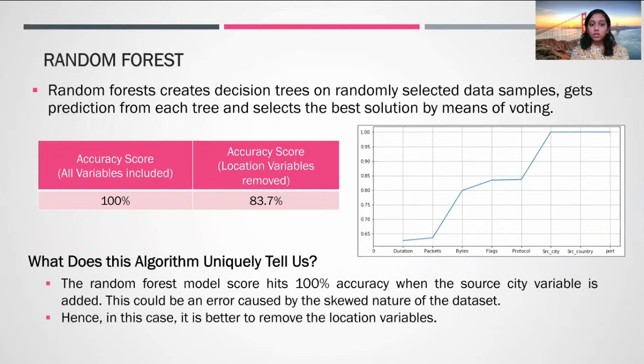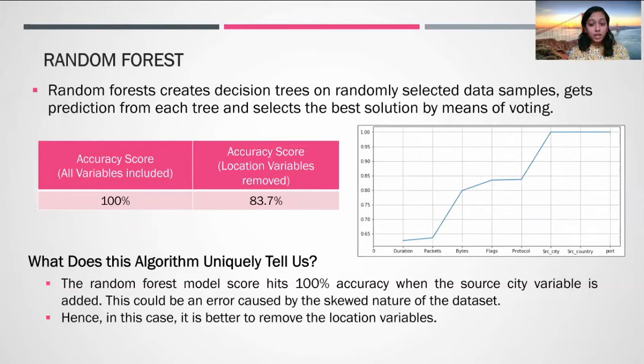Now, going into our first model, that is the random forest. Just to brush up on the topic, random forest creates decision trees on randomly selected data samples, gets the prediction from each tree, and then selects the best solution by means of voting. When we apply this random forest to our dataset, we can see that it gives us 100% accuracy.